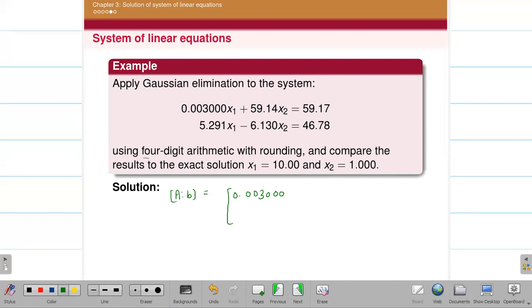You have to use 4-digit rounding arithmetic, so you have to take 4 digits only. That's why they have written 3 then 000, because these are significant digits. 59.14, 59.17, 5.291, minus 6.130, 46.78.